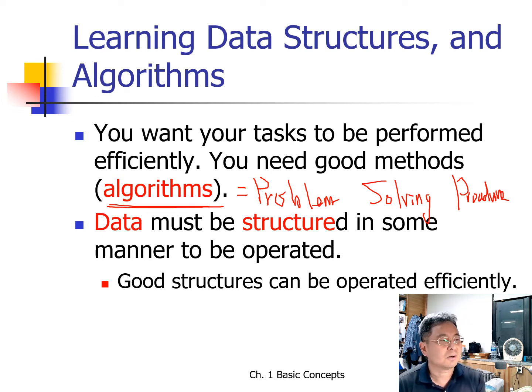Okay, so in order to make algorithm efficient, we must design data structure also soundly. So good data structure will make good algorithms. They are very reciprocal between algorithm and data structures.